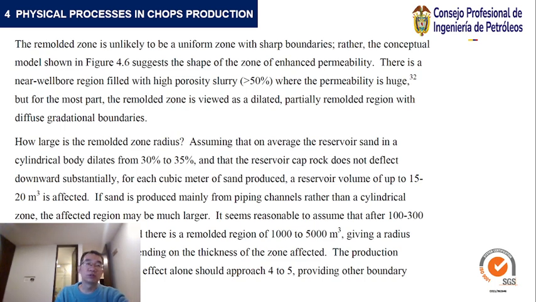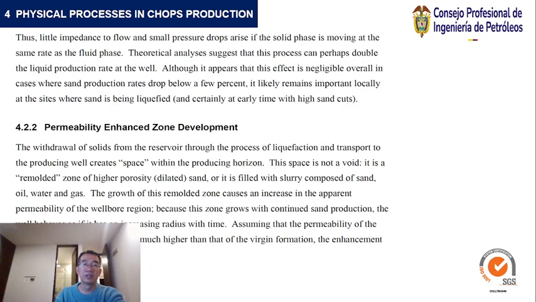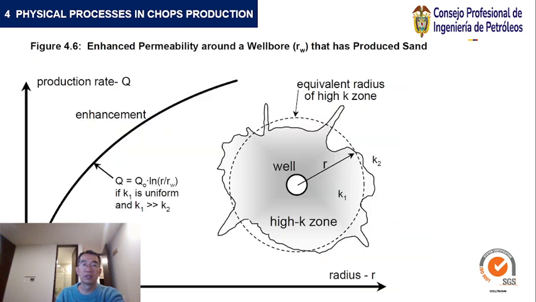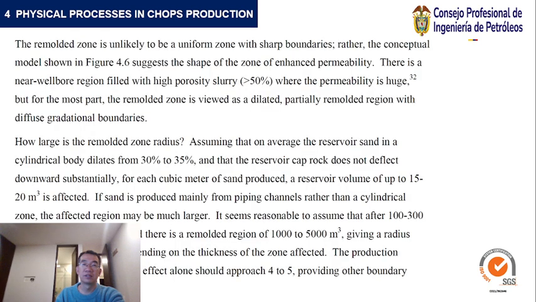The remodeled zone is unlikely to be a uniform zone with sharp boundaries, as the conceptual model shown in Figure 4.6 suggests, with a sharp zone of enhanced permeability. This figure shows us enhanced permeability around a well that has produced sand.